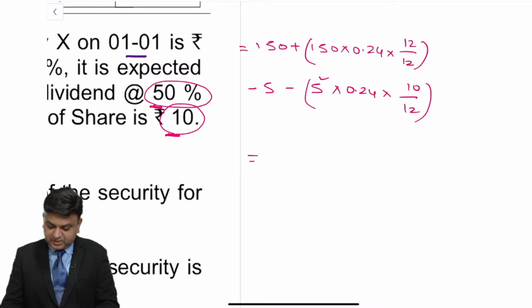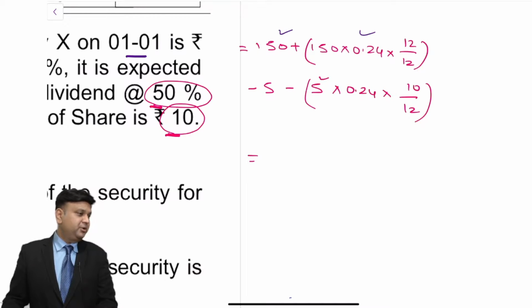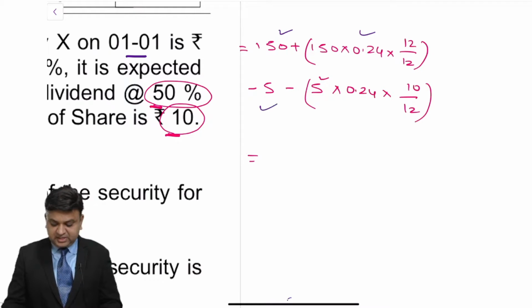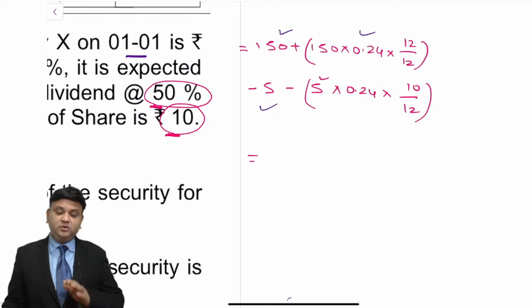I repeat my explanation. Spot price as usual plus cost of holding the security, because as an investor when I purchase a security I block my funds, minus the dividend income which I am receiving as holder of the security, and to that extent my cost of holding security reduces.